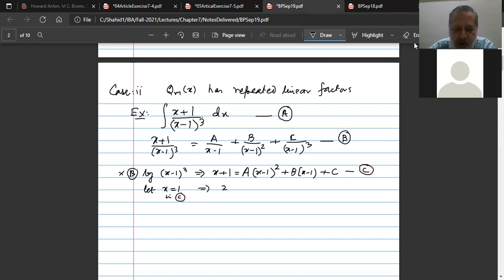So 1 plus 1, 2. x is equal to 1, 0. Plus b, 1 minus 1, 0. Plus c. So we see that हमारे पास तीसरा कांस्टेंट c जो है उसकी वैल्यू आ गई 2.